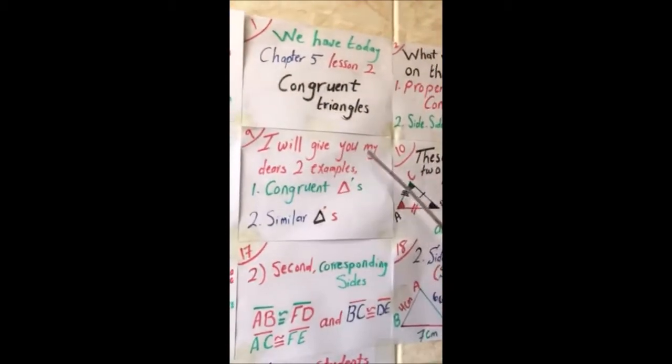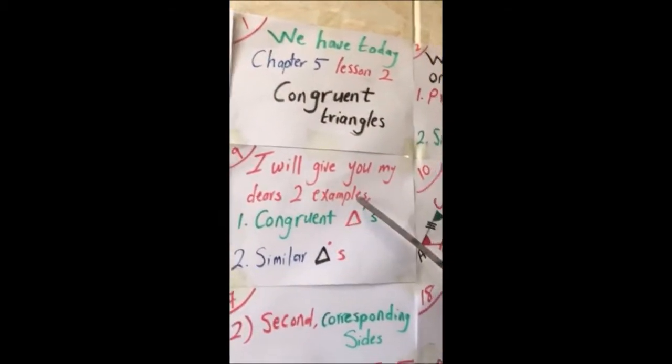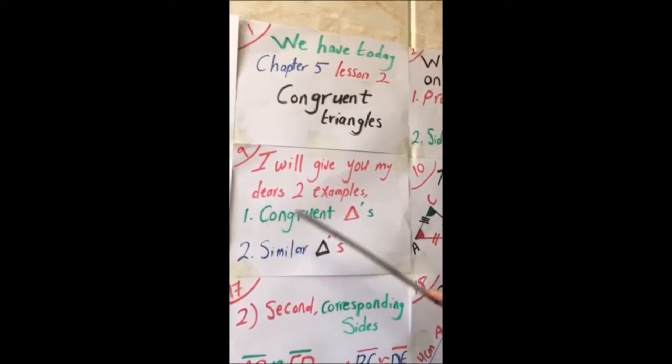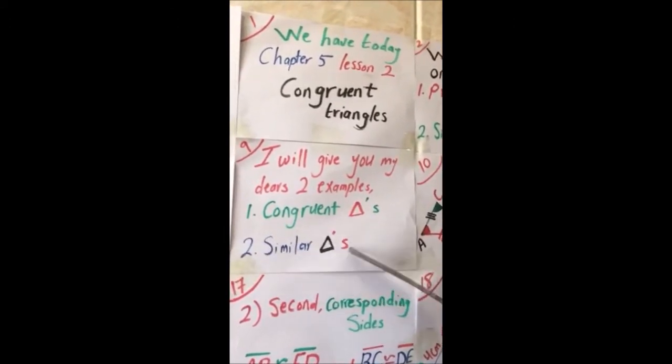Again, I will do it orally. Congruent figures are those with the same shape and the same size, but similar figures are those with the same shape, but not necessarily the same size. So, my dears, I will give you 2 examples to distinguish between congruent triangles and similar triangles.